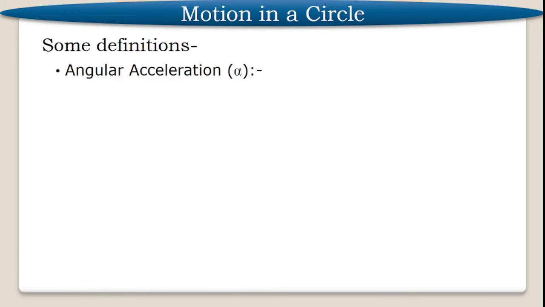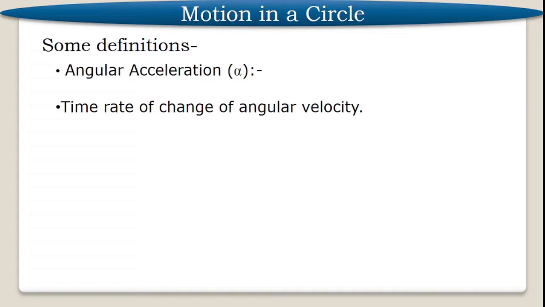Let us see about angular acceleration. So what is angular acceleration? Time rate of change of angular velocity is called angular acceleration and it is denoted by alpha and its unit is radian per second square. According to the definition of angular acceleration, alpha will be equal to del omega by del t.